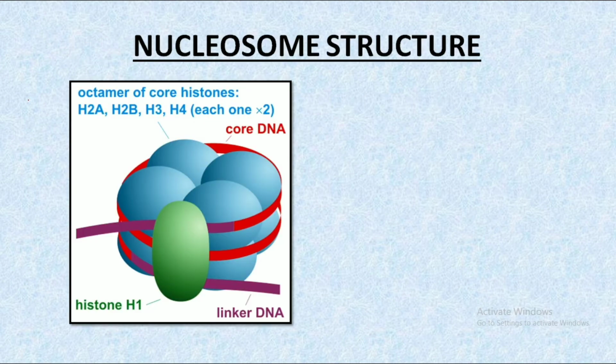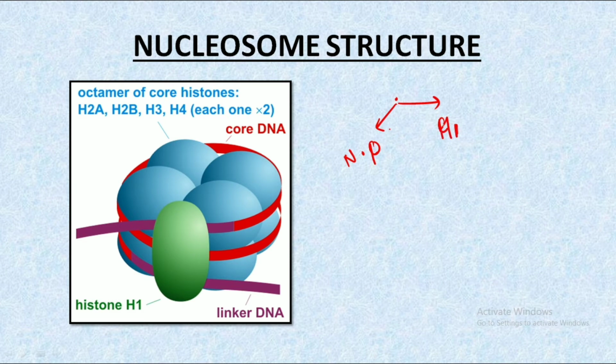So this is how the nucleosome structure actually looks. We have studied that the nucleosome has two main types of DNA binding protein. The first one is the nucleosomal proteins, and the second one is the H1 histones.